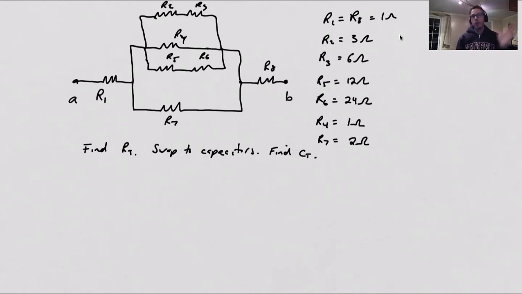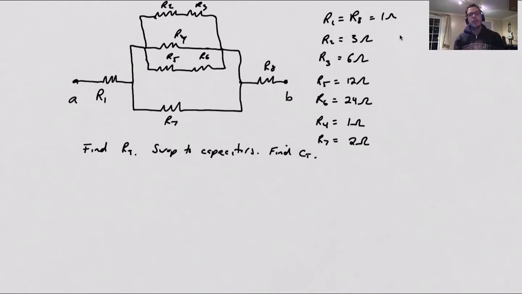That means if we knew what R2, 3, 4, 5, 6 was as one resistor, we would just have a simple parallel combination of that and R7. That parallel combination of the mess at the top and R7 is in series with R1. And again, that mess in the middle, now that we're calling it that, is in series with R8. That's the big picture as to how we're going to do this.